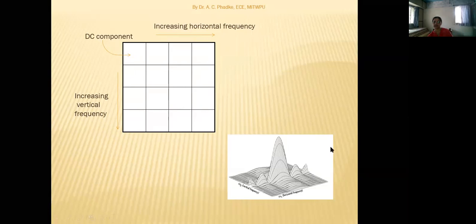Like your spatial representation, your frequency domain representation is as shown here. It has coordinate values W1, W2, and every frequency coefficient has some value. Okay, like images, we can also represent it in matrix form, and when we represent it in matrix form, it has two-dimensional nature. So you will have W1, W2, and value of every frequency coefficient.